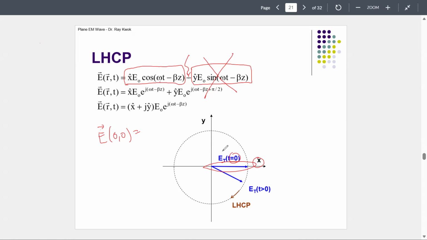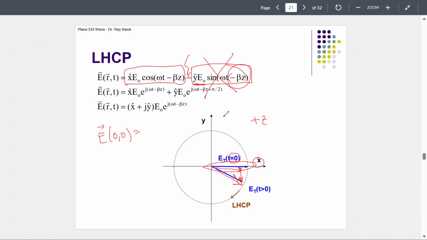As time goes on, my horizontal component gets smaller, and my vertical component along the negative y direction picks up a little bit. So now the electric field moves down. But the wave is still propagating in the same direction, coming out of the page.